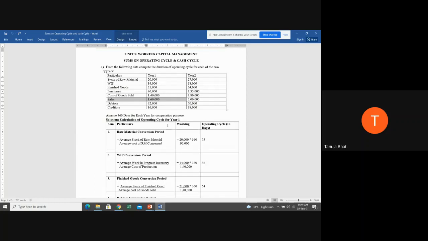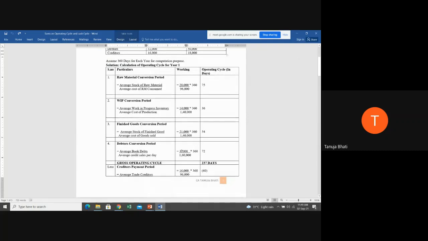In the absence of such information, you will take the entire sales as credit sales. So you will take 32,000 divided by 1,60,000 into 360, that is 72 days.